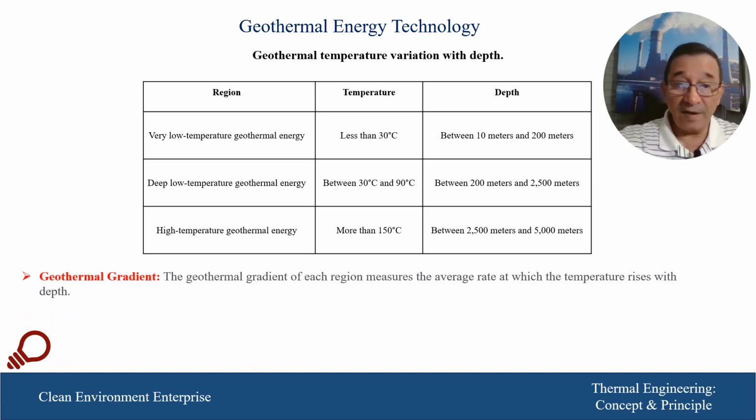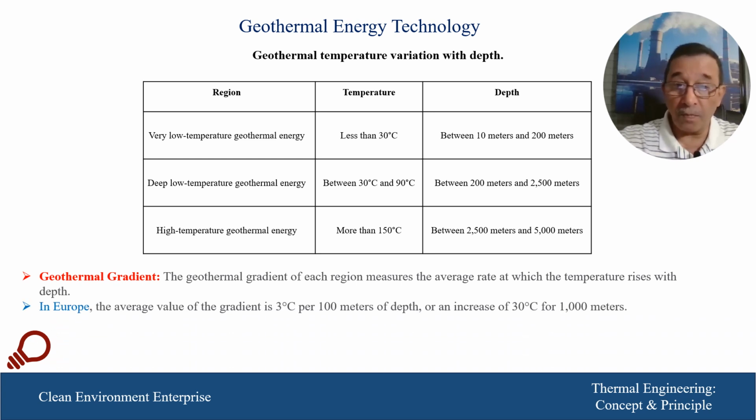There is a term called geothermal gradient, which refers to the average rate of temperature variation with depth. For example, in Europe, the geothermal gradient approaches 30 Celsius for each 1,000 meters. Of course, this is again a general guide.